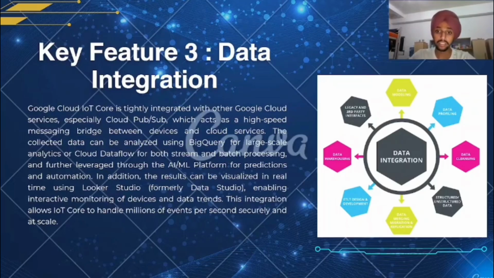Data collected from devices can be processed and analyzed in real time using BigQuery and Cloud Dataflow. This supports both batch and stream processing, and results can be visualized using Looker Studio. The integration with AI and machine learning tools also enables predictive insights and automation. This powerful data pipeline allows IoT Core to securely handle millions of events per second at scale.